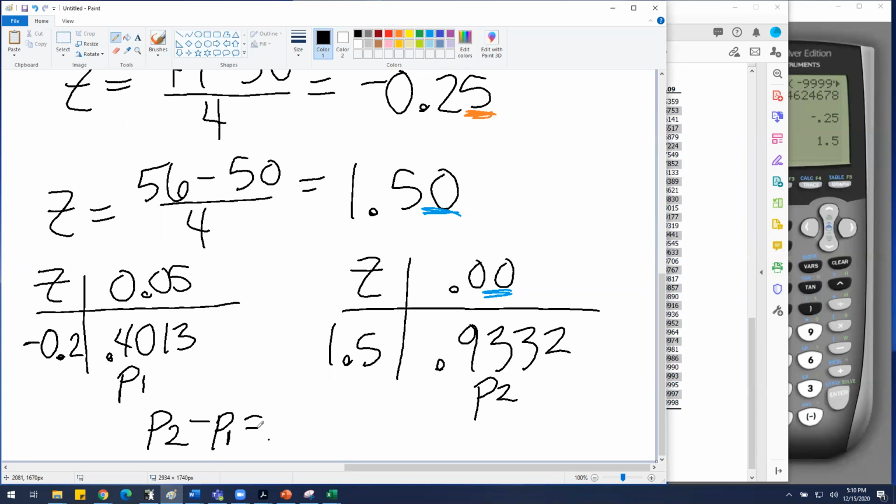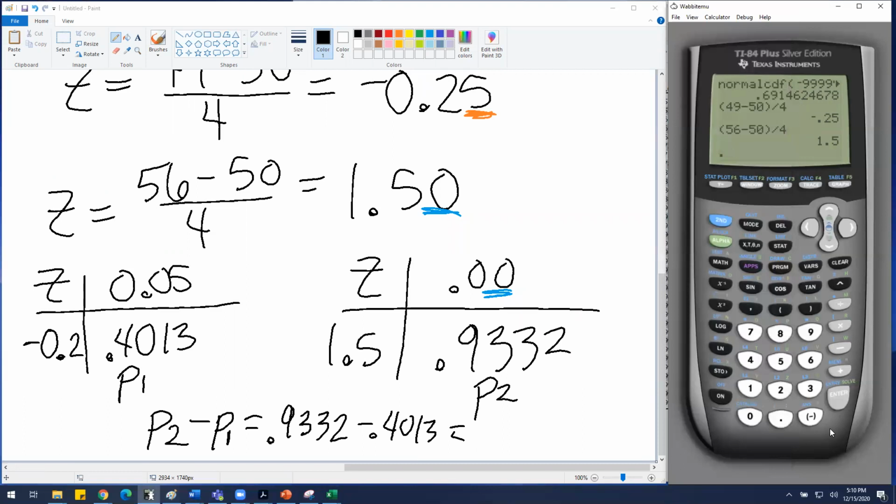So the area between is going to be 0.9332 minus 0.4013. Put that in your calculator. I get 0.5319 as our final answer between the speeds of 49 to 56. So this is your answer.